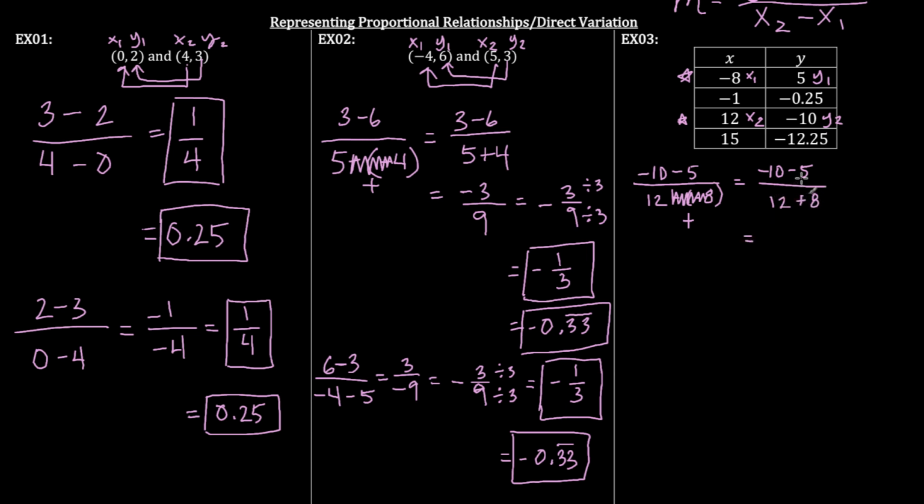Negative 10 minus 5 is negative 15. And 12 plus 8 is 20. A negative over a positive is a negative. I can divide each of these numbers by 5. And I get negative 3 over 4, which is negative 0.75.